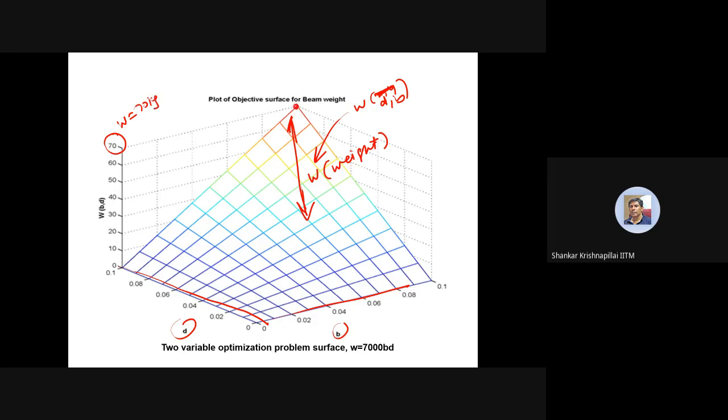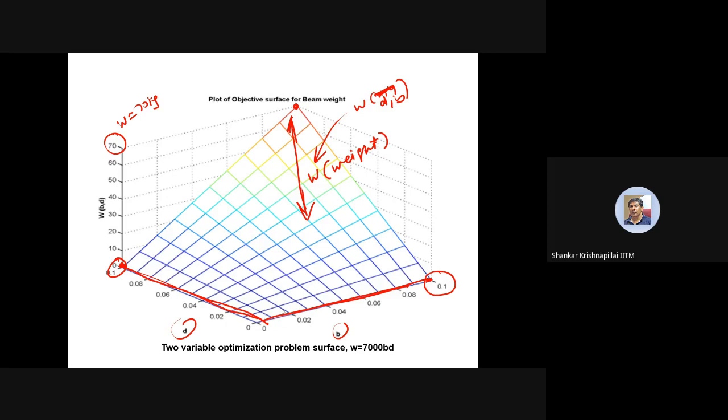That occurs when D is 0.1 and B is 0.1, the maximum allowable values of D and B, which give a weight of 70 kg. Obviously, we don't want that. You can also get zero weight. All these regions give zero weight because either B equals 0 or D equals 0.